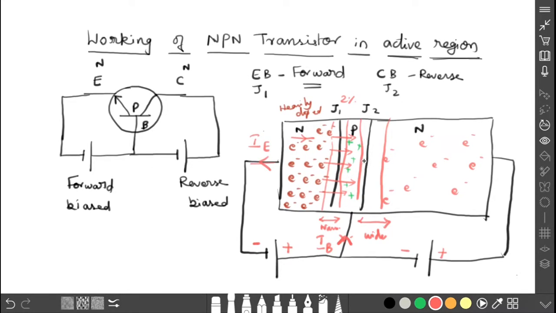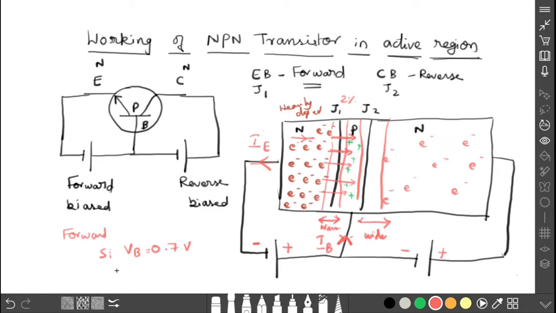When the charge carriers move across the junction, we already know the condition: the forward biasing voltage should be greater than the barrier potential. How much barrier potential does this junction have? For silicon, the barrier potential is around 0.7 volt.